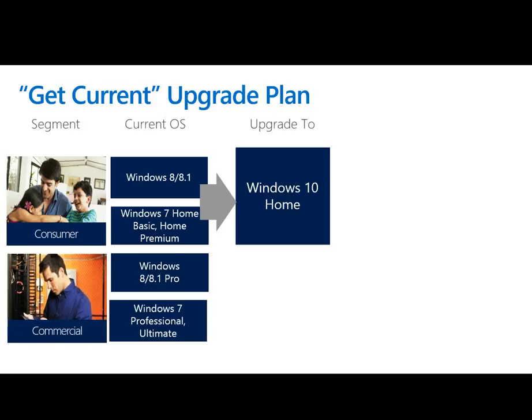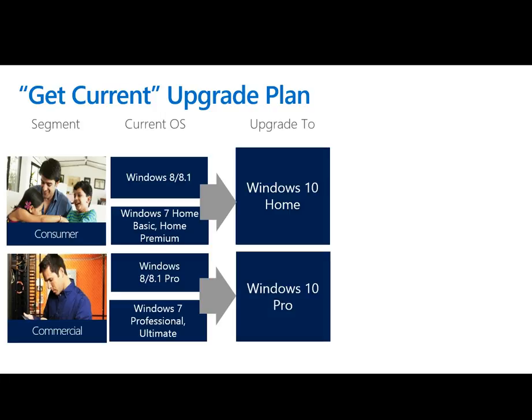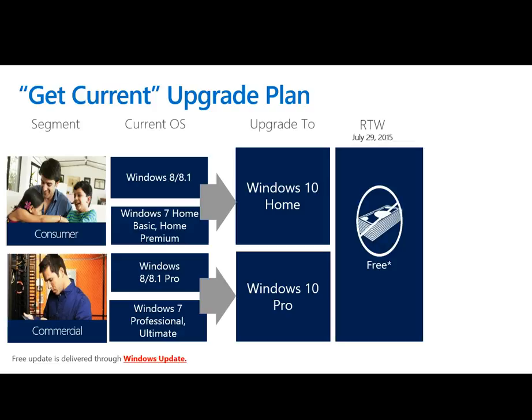And for commercial, so Windows 8.1 Pro or Windows 7 Professional or Ultimate Edition, it's a free upgrade to Windows 10 Pro. And the upgrade starts on July 29th of 2015. That's the start when you have a free upgrade.